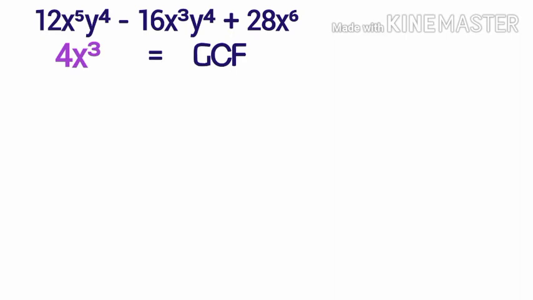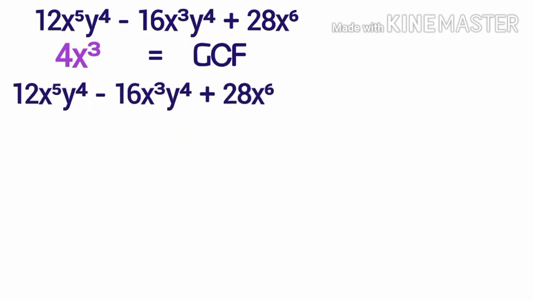To factor the polynomial completely, we will divide the expression 12x to the fifth power, y to the fourth power, minus 16x cubed, y to the fourth, plus 28x to the sixth power by the GCF 4x cubed.